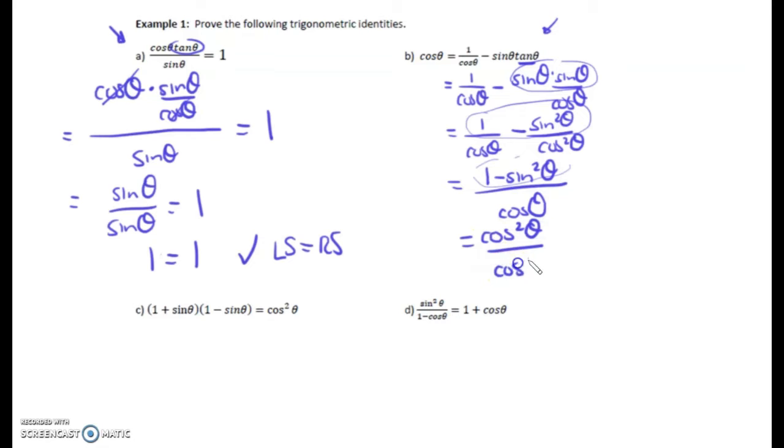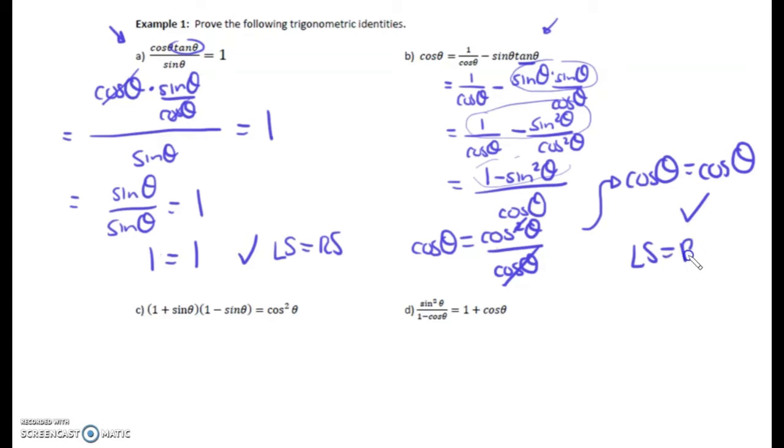Okay, it's still going to be over cos theta. So now the question is, how can we get these equal? Well, cos squared theta, the squared and one of the coses will cancel out, and we're left with cos theta equals cos theta. So this is a trig identity, and we can say left side equals right side.